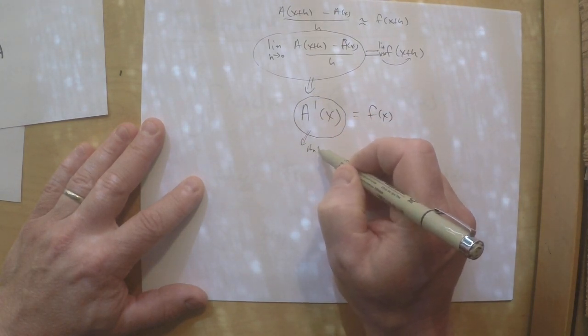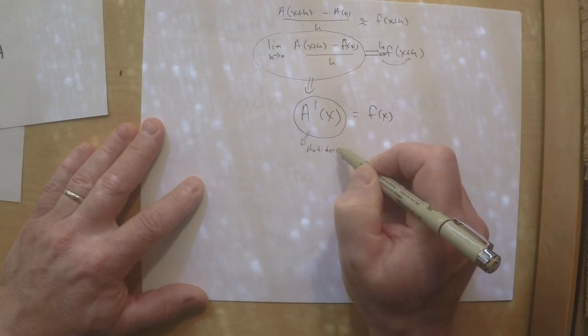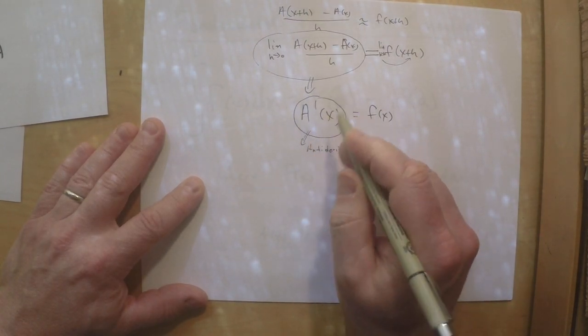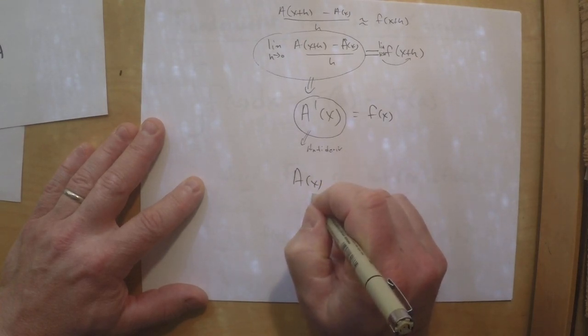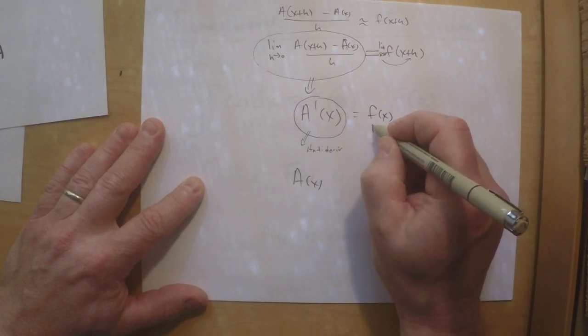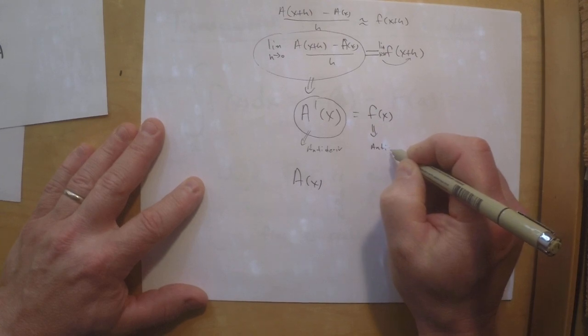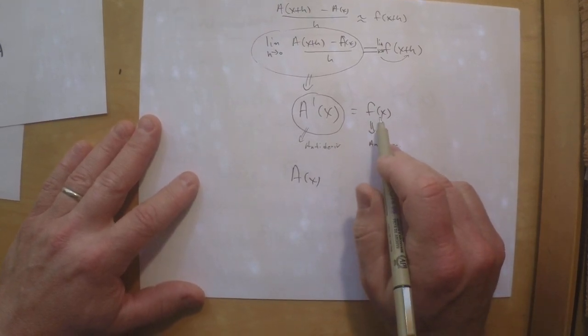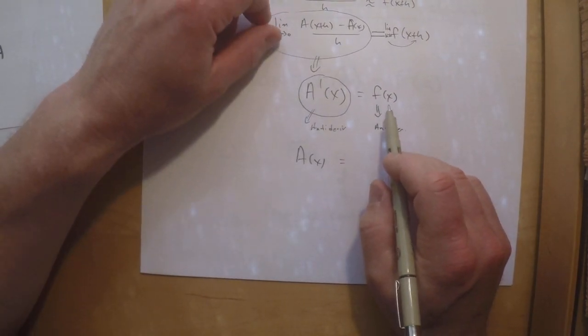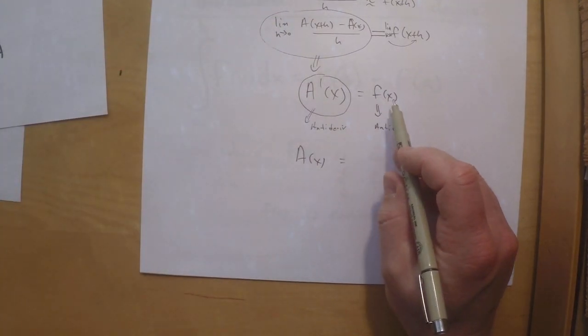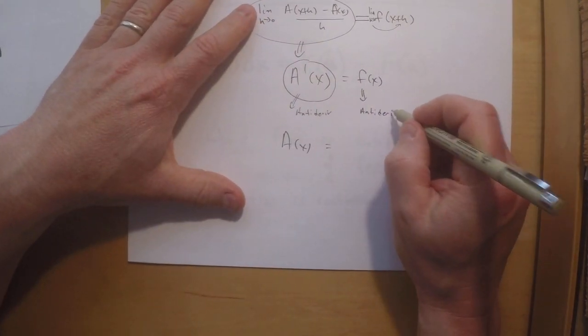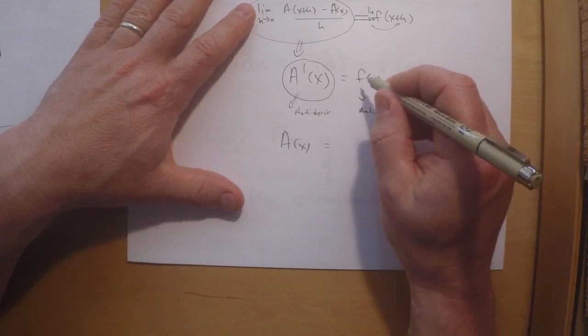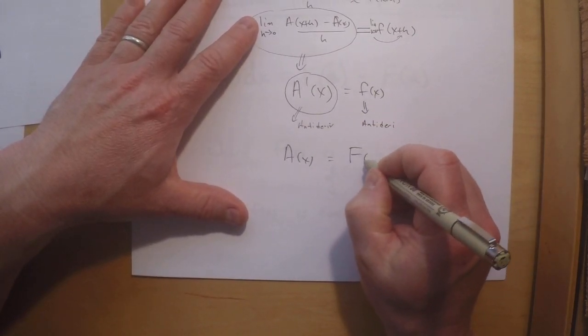So even more importantly, to get the area out of this, I'm going to take the antiderivative. And the antiderivative of A prime is A. Then I'm going to take the antiderivative of this side. I could write this many ways. At the moment, I'm going to call the antiderivative of little f big F, just for notation purposes.